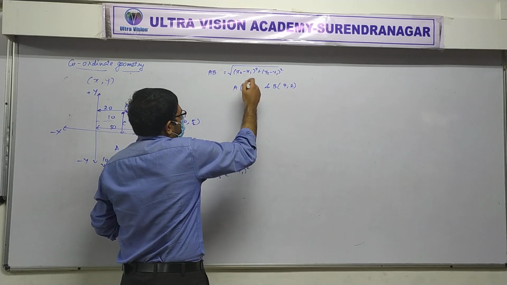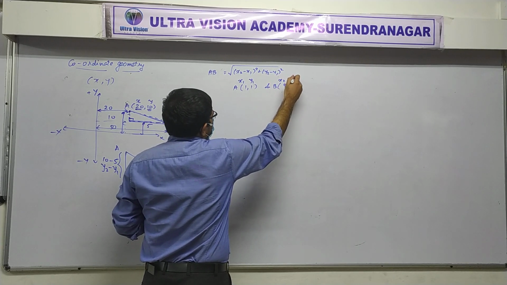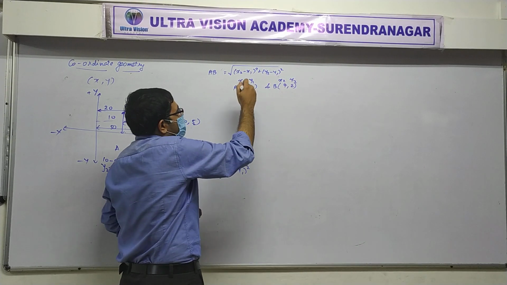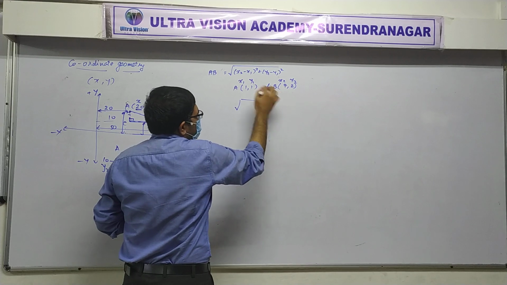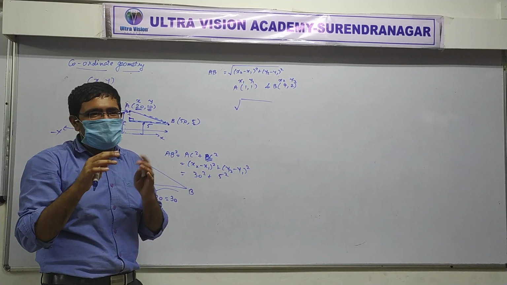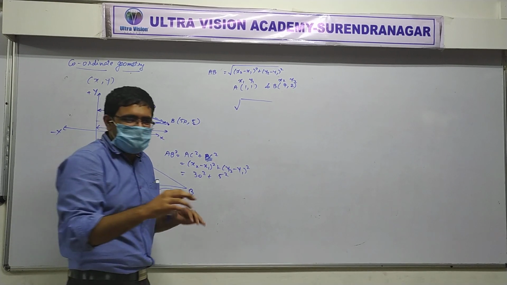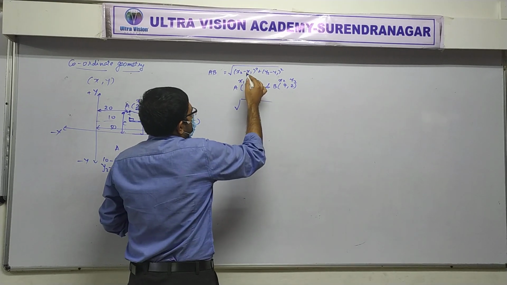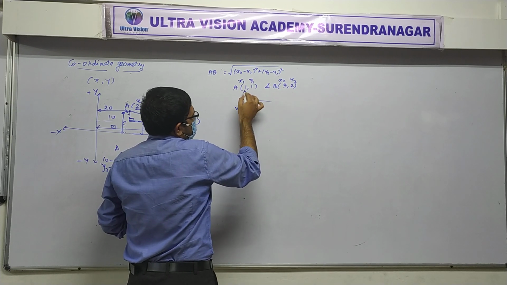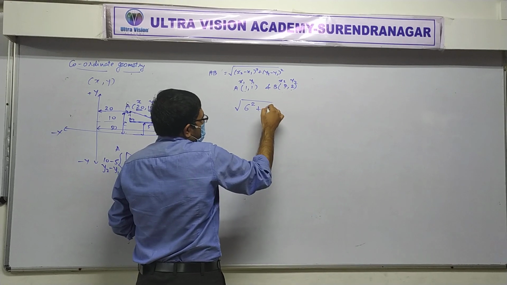So if I were to do it, I'd call this x1, y1, x2, y2. So x2 minus x1. Even if you write x1 minus x2, it's okay. Don't worry about that. The squared term will be the same, because when you square, the negative will always become positive. So what do we get? 7 minus 1, 6 squared, plus 2 minus 1, 1 squared.